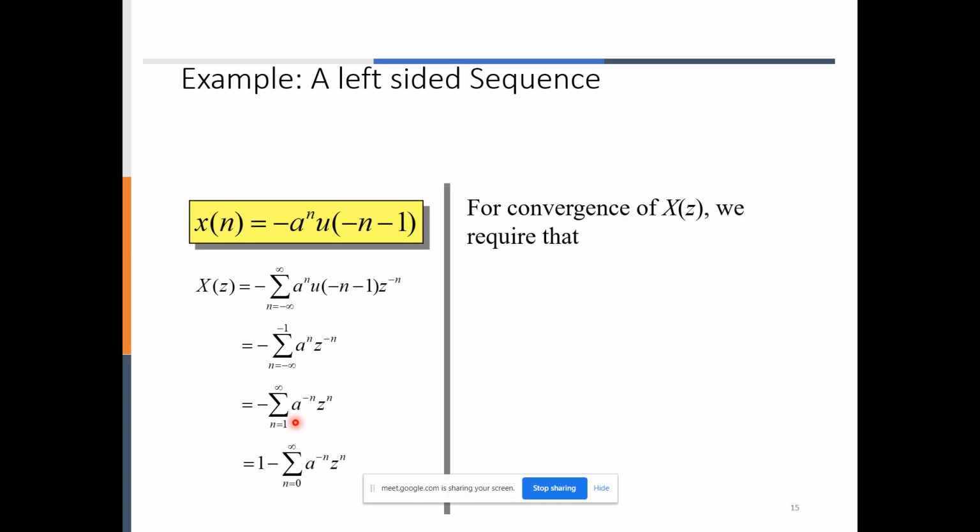Or simply, if we put the n value equal to 0 first, then a to the power 0 is 1, and z to the power 0 is also 1. So it is 1 minus summation of n from 0 to infinity of a to the power minus n z to the power n. So the ROC will be where mod of this term is less than infinity.